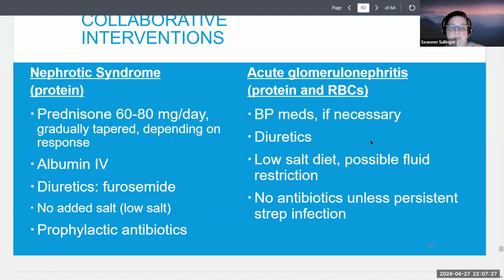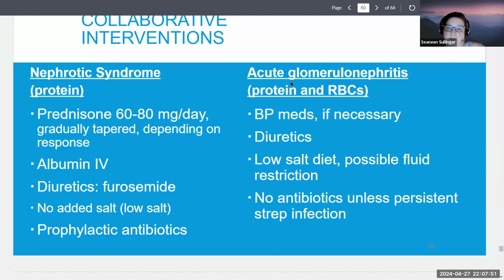And so collaborative interventions with our medications. Remember, you always taper prednisone, and that's 60 to 80 milligrams per day, also based on kilograms. Since we're losing protein, we're going to give albumin IV, furosemide, no added salt, antibiotics prophylactically.